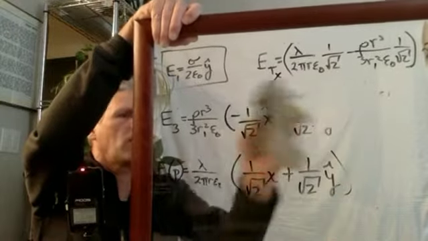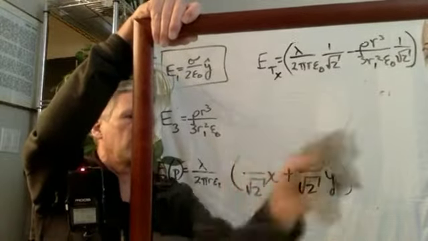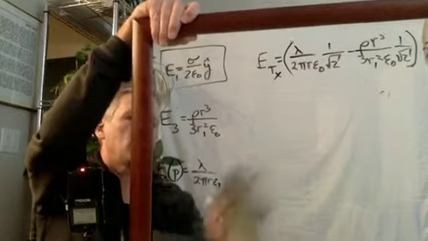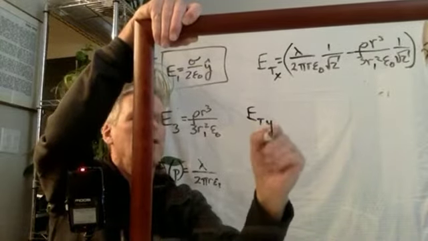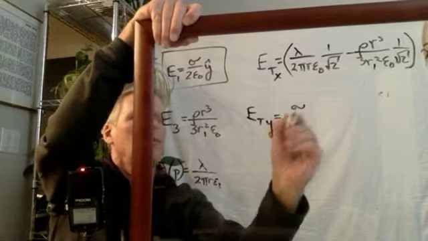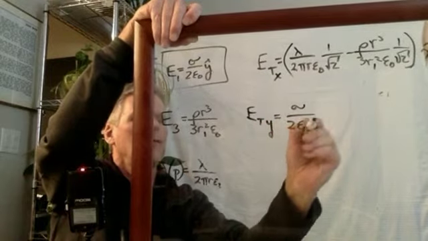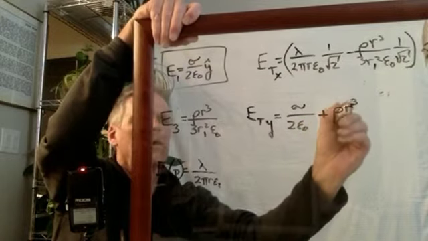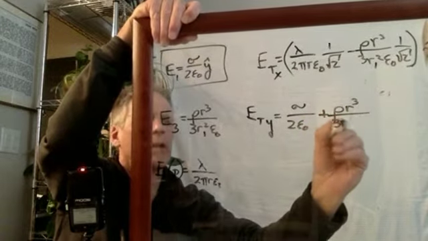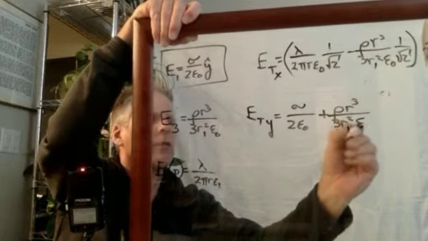Okay, so that is the x component, and the y component is just E T y equals sigma over 2 epsilon 0 plus rho r cubed over 3r1 squared epsilon 0.